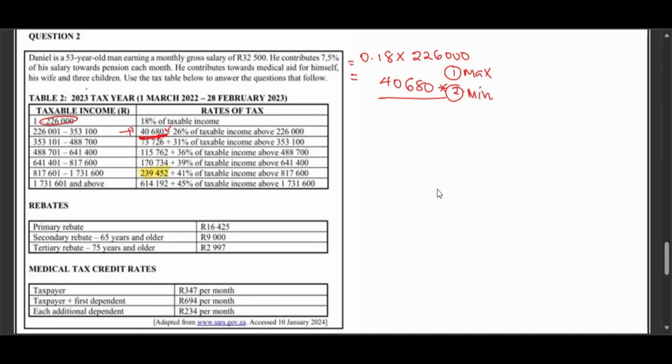Okay, let's go to the second one. Let me pick this one here. How did they get it? This means, because we have bracket 1, 2, 3, 4, this value came from bracket number 3, but how? We shall write bracket number 3 the way it is, plus 0.31, open bracket. When you open brackets, you put the maximum number that you have here, 488,700 minus what?